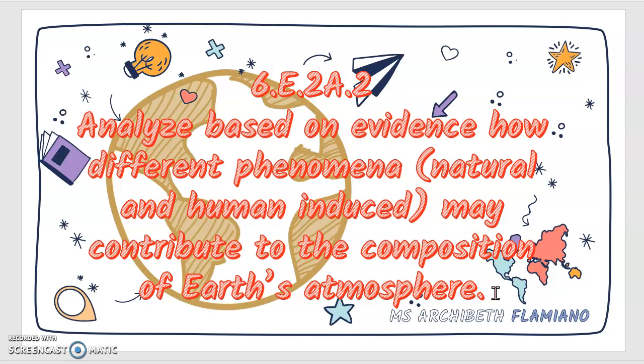The oxygen came from the photosynthetic organisms that existed later during the early Earth. And the nitrogen was added from the decomposition of dead plants and animals. Now our focus is the human-induced phenomena that contributed to the composition of the Earth's atmosphere.